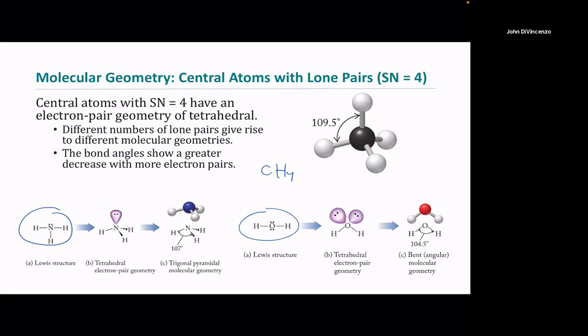So here you go. This model does not change the angles, but at least it gives you an idea. This is tetrahedral, right? Pull off a pair. That's ammonia.